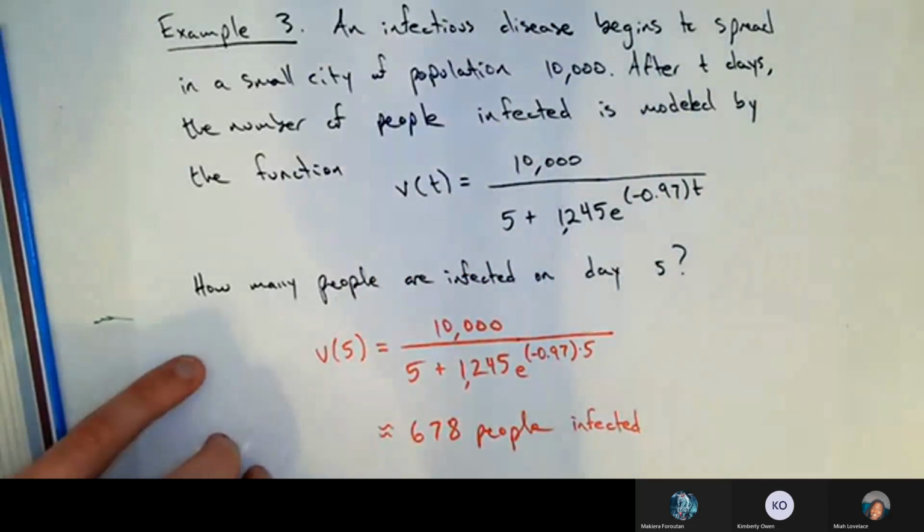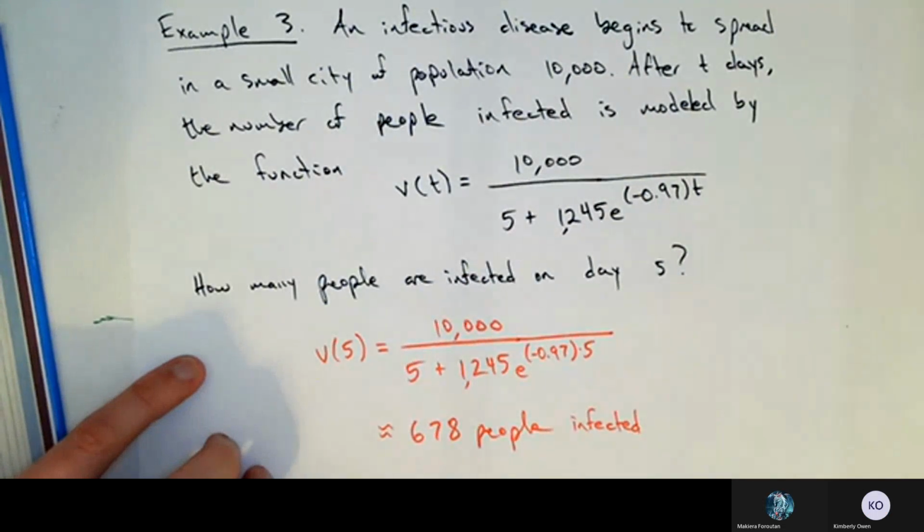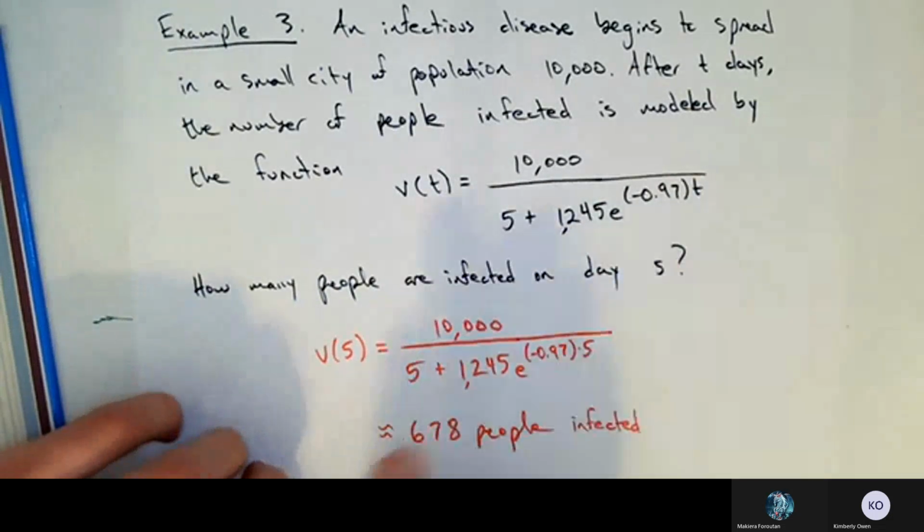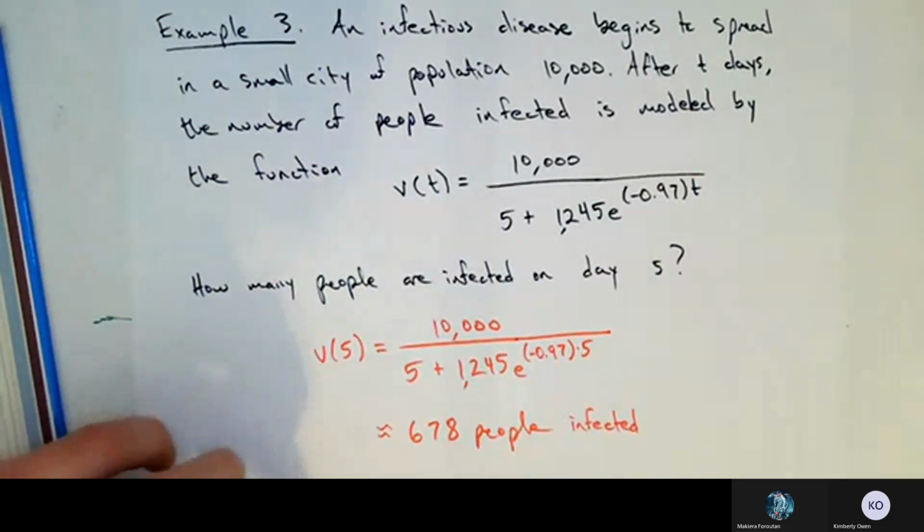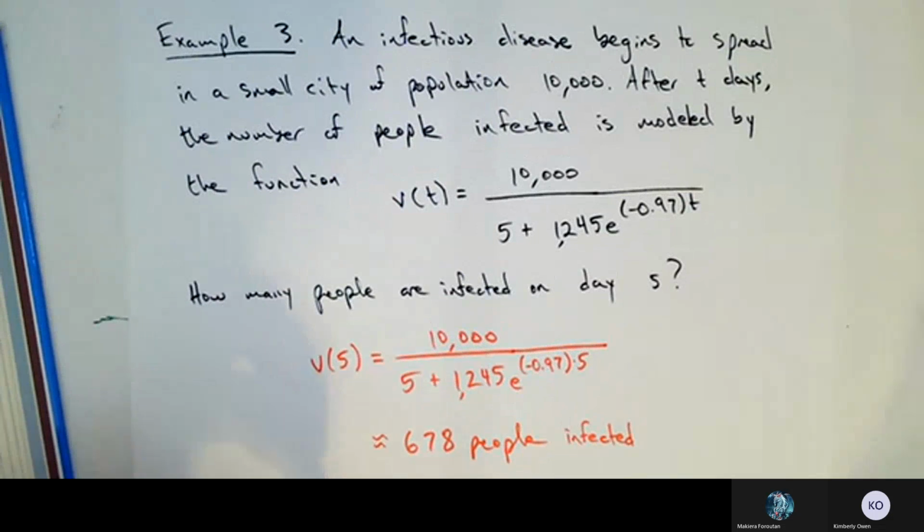So in order to talk about inverses of exponential functions, we have to talk about a new type of function called logarithmic functions, which are the inverses of exponential functions.